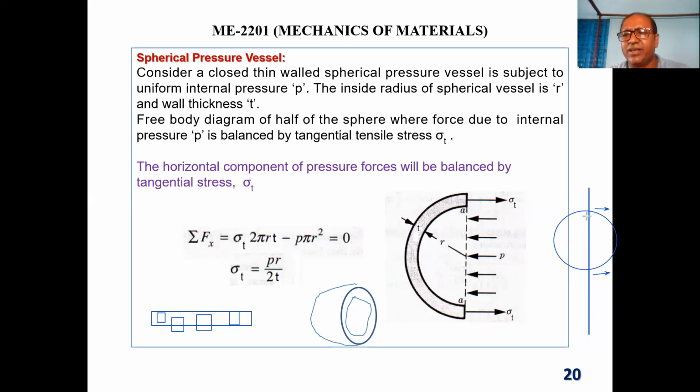Sigma T. Obviously your football is made of leather, but still it has a certain thickness, right? So this area goes all the way around, and you have sigma T working along this direction.